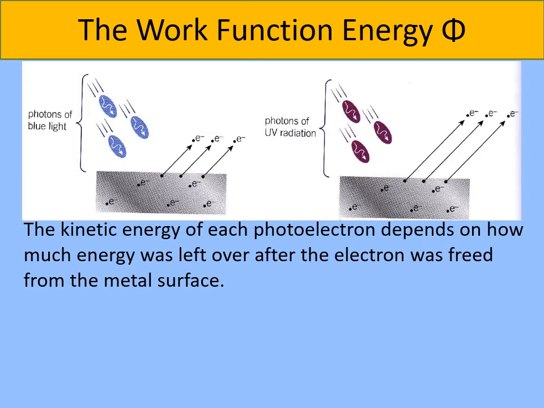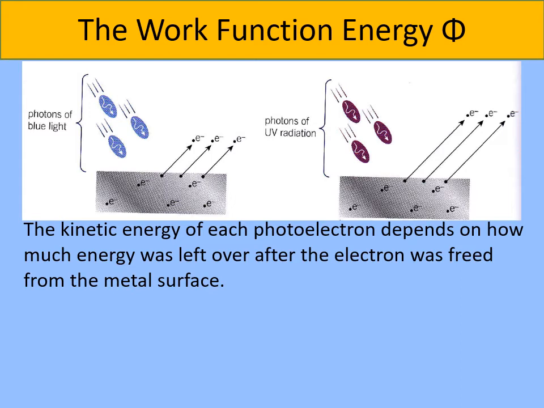So on the left we have photons of blue light, and then we increase the frequency from blue to UV, and this increases the kinetic energy of the emitted photoelectrons, as we can see by the arrows that are showing them traveling at greater speeds with greater amounts of kinetic energy.